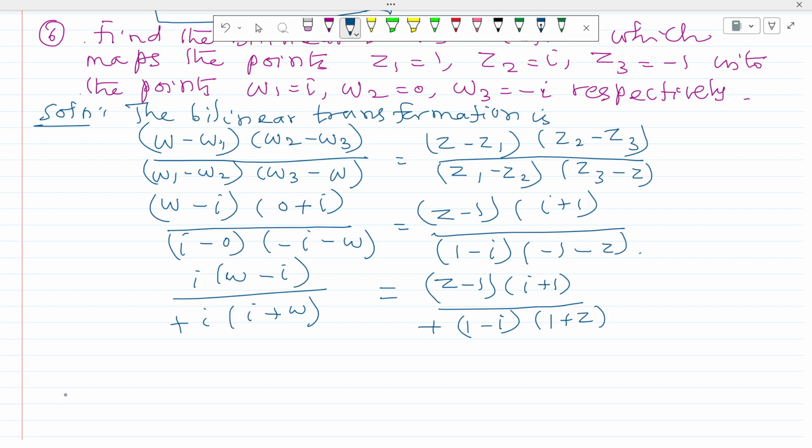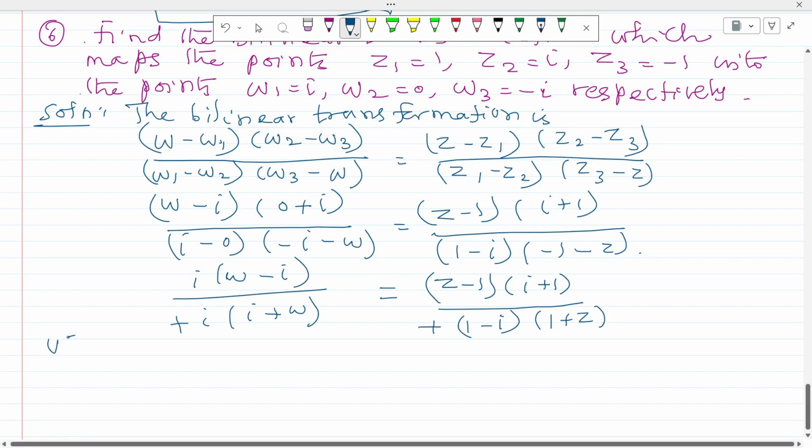Okay, now listen. In all the previous problems, either in the denominator or numerator, only one W is there. Here see that both in the numerator, W minus I and W plus I are there. If this type of problem comes, then use the CD rule.